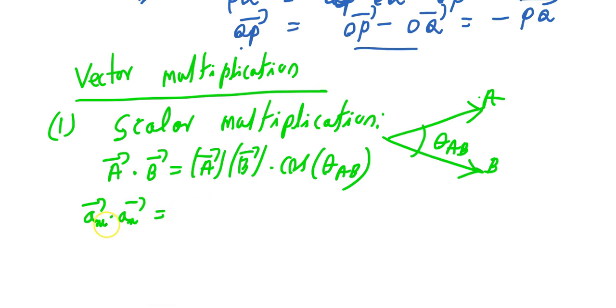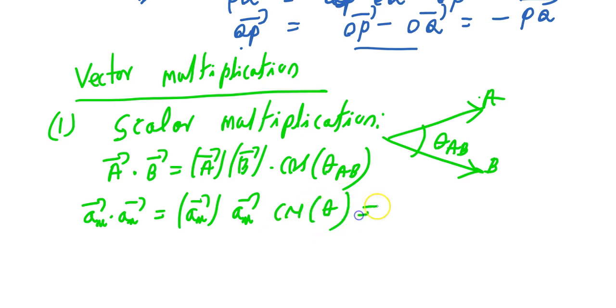AX with the AX, how much will you get? Magnitude of AX 1, magnitude of AX 1, and cos of angle between them. So 1 into 1, and cos of the angle between them is 0, so that is 1. So what is the dot product between AX, the unit vector along X, and the unit vector along Y?